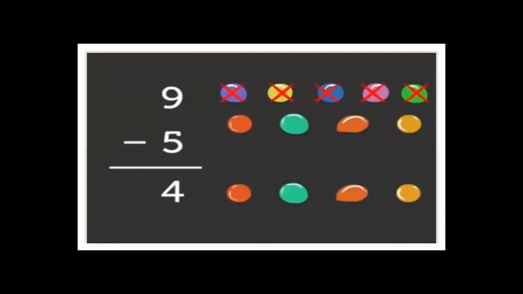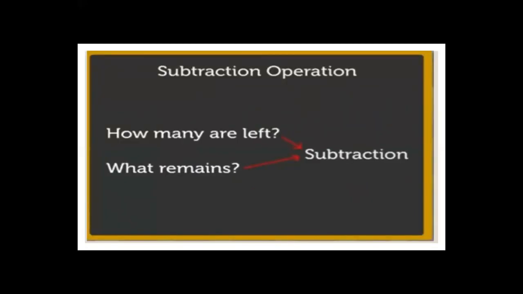Now, in the subtraction operation, we find how many are left or what remains. So this is the process of subtraction, because we are finding how many are left or what remains.